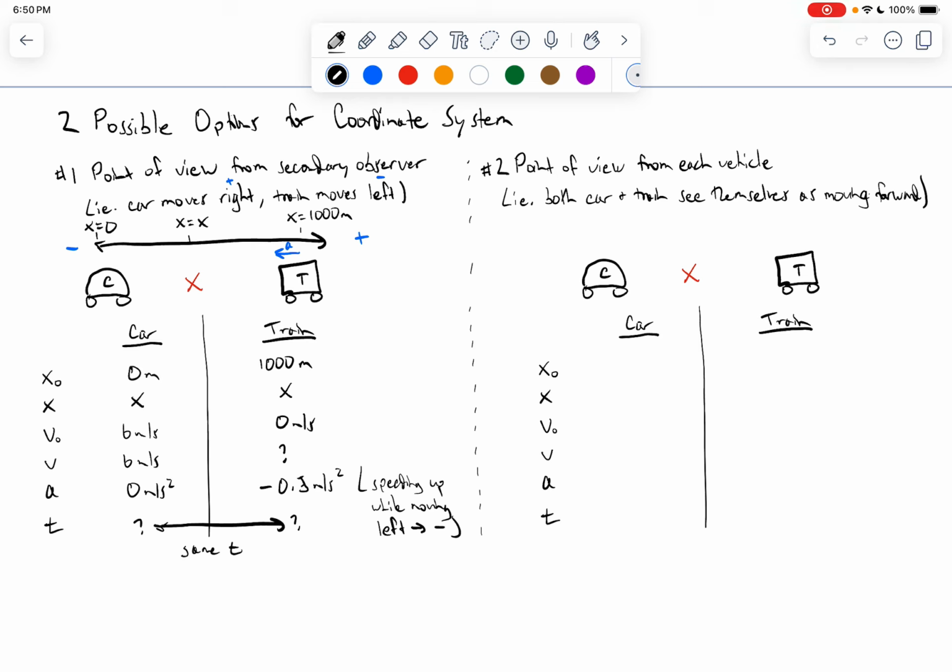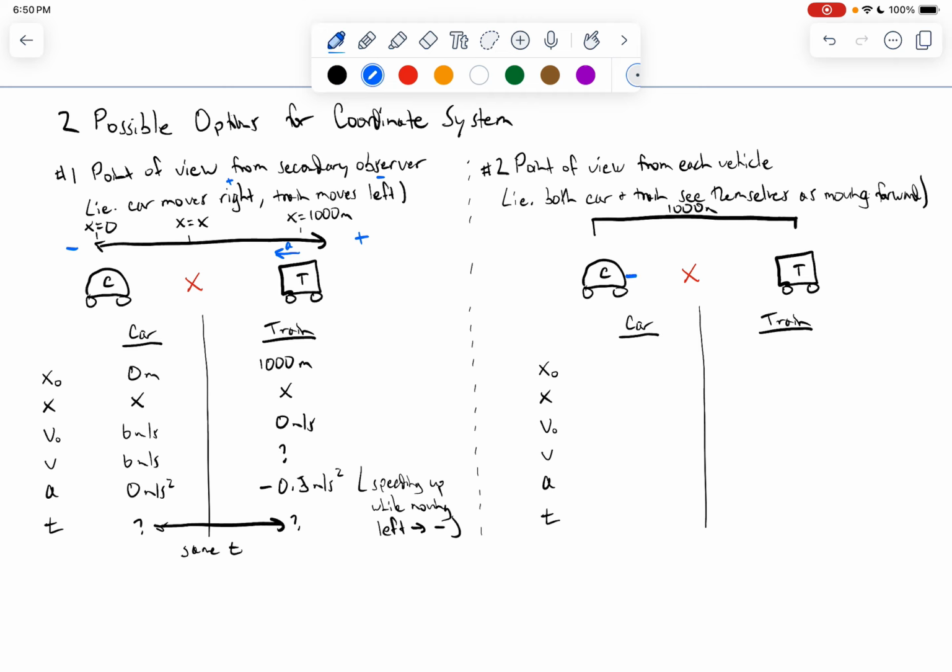If there's one that just makes a bit more intuitive sense to you, I say go with that one. But we can think about this as if we're traveling from the point of view of the car, we want to know how far it moves is ultimately our final answer. So we know the two again start out 1,000 meters apart from each other.